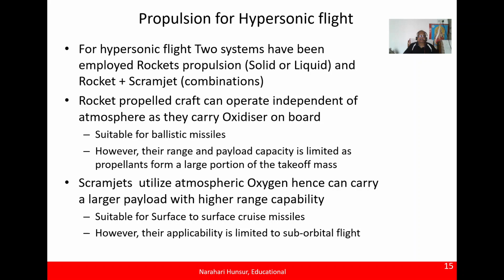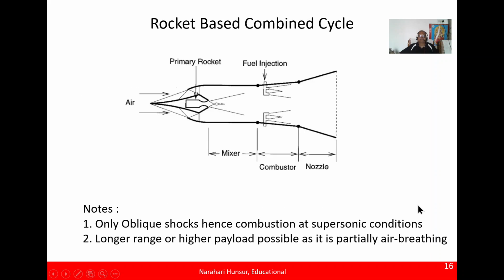However, their range and payload capacity is limited as the propellants form a large part of the takeoff mass. Scramjets utilize atmospheric oxygen, hence can carry a larger payload with a higher range capability, suitable for surface-to-surface cruise missiles. However, their applicability is limited to suborbital flight.